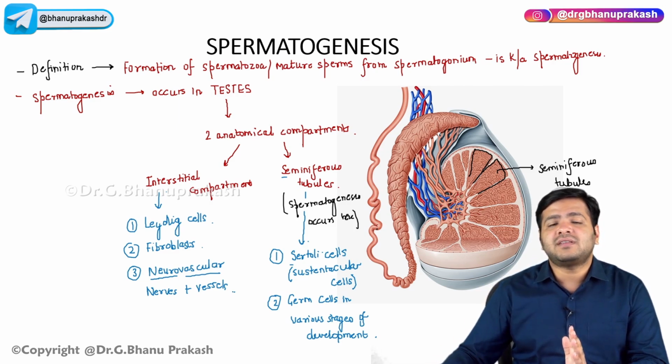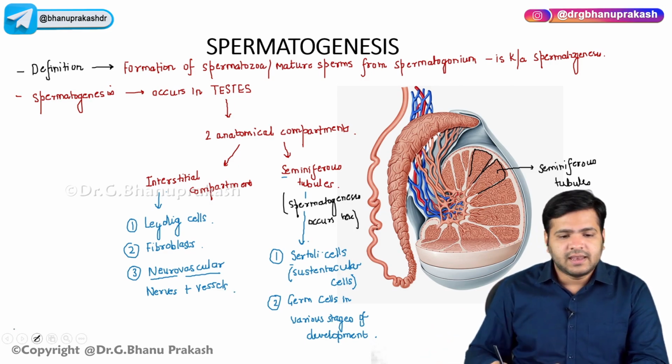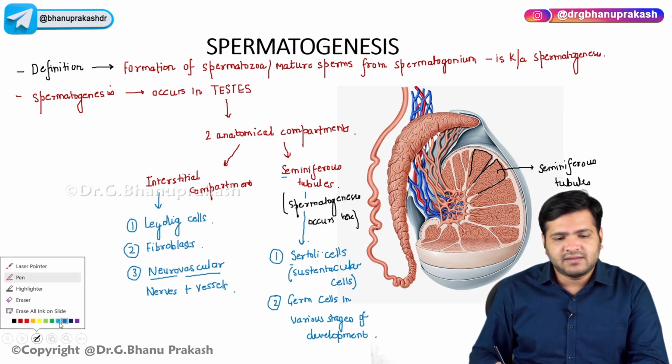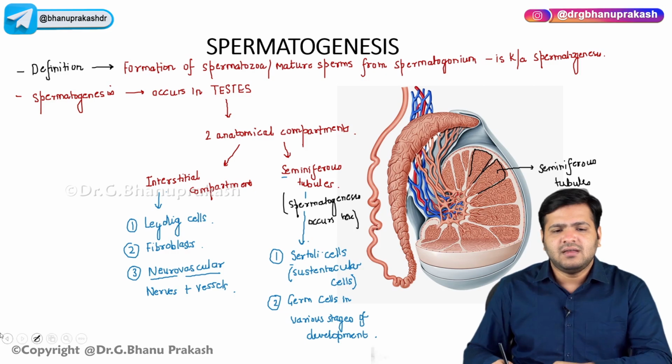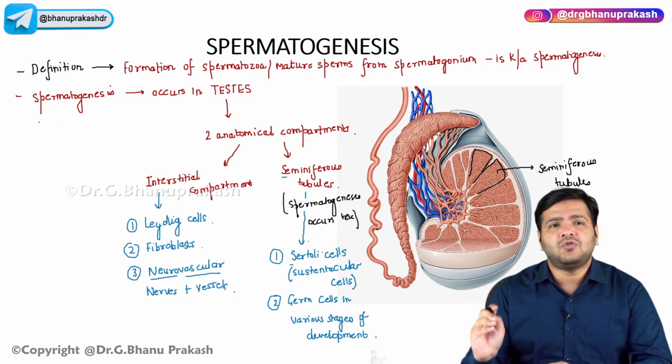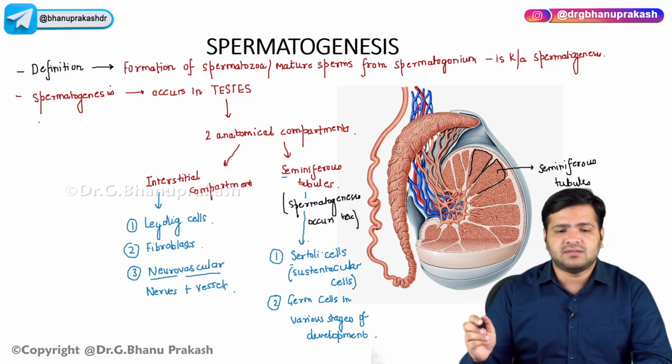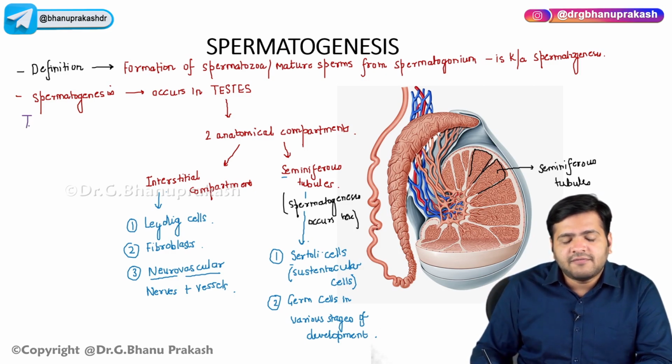Before starting with spermatogenesis, let us first understand the pathway. Let us draw a flowchart, with certain basic points that I want to tell you. You already know we have the testis.